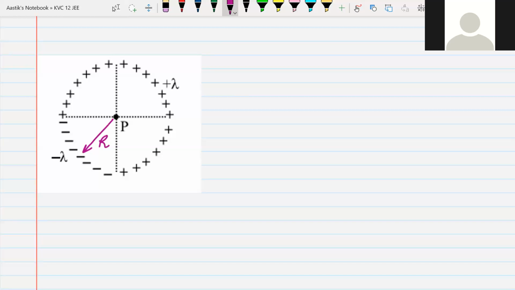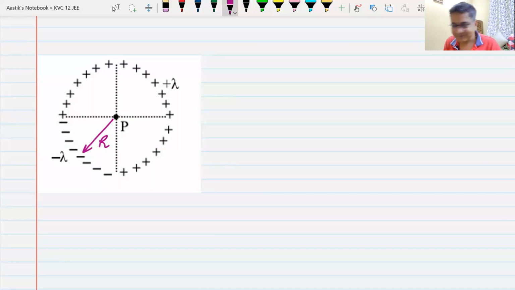Lambda by root 2 pi epsilon naught r. Very good. You got an answer. Lambda by root 2 pi epsilon naught r. That looks good. That is correct.